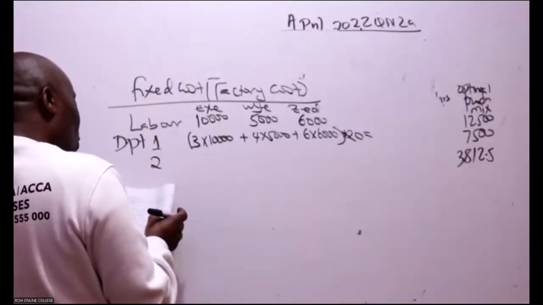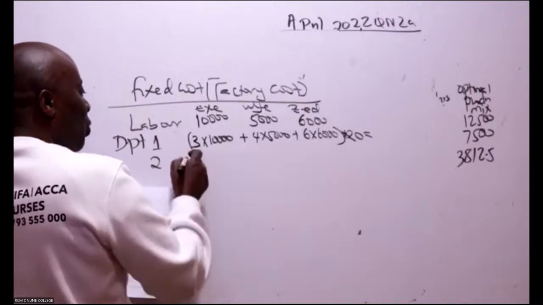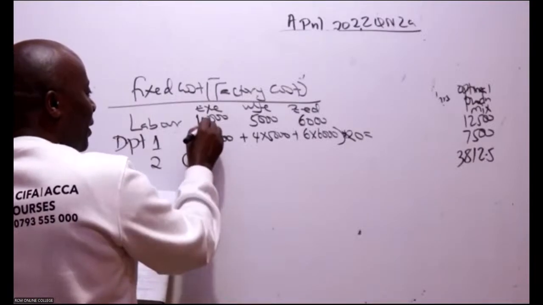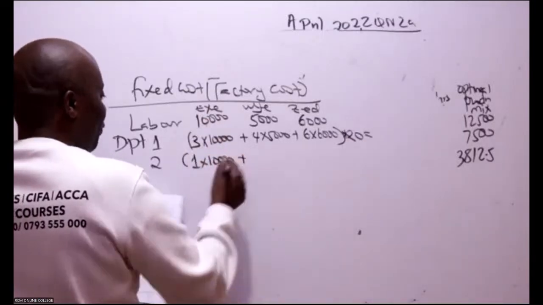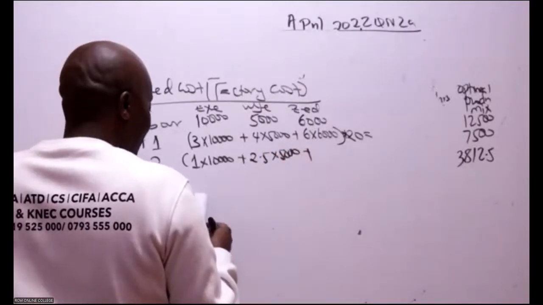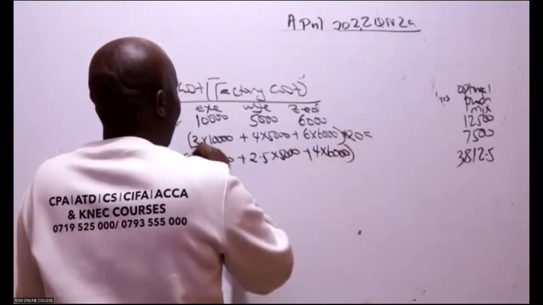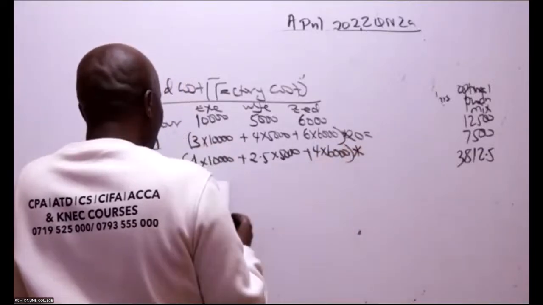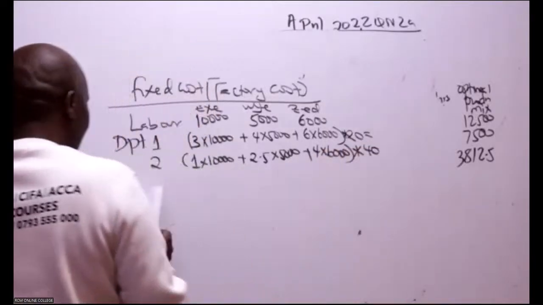Department number 2, from additional information 1, I can see the labor hours per unit. So I will talk of 1 times number of units, 10,000, plus 2.5 times 5,000, plus 4 times 6,000, times the Department 2 rate, ladies and gentlemen, which is 40.